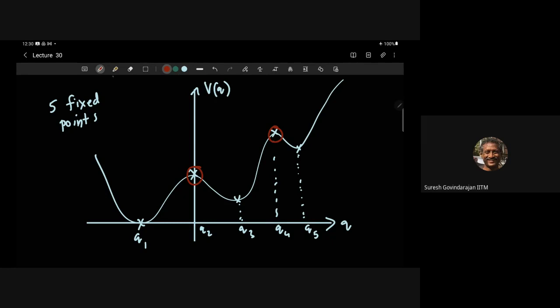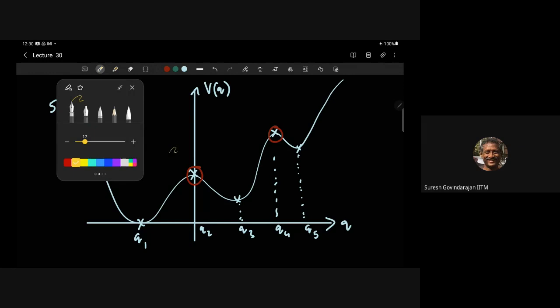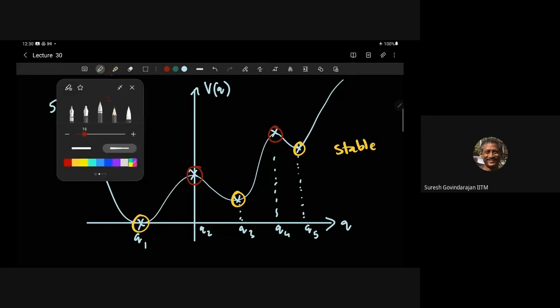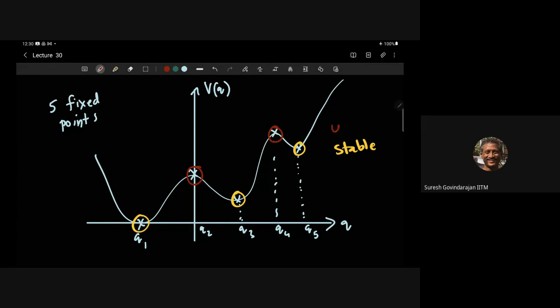The stable ones. Okay, so yellow is stable, red is unstable. Yes, this is our color coding.